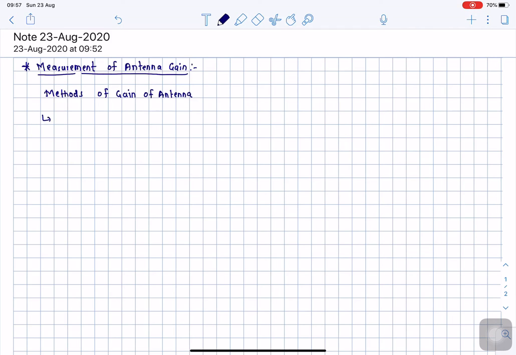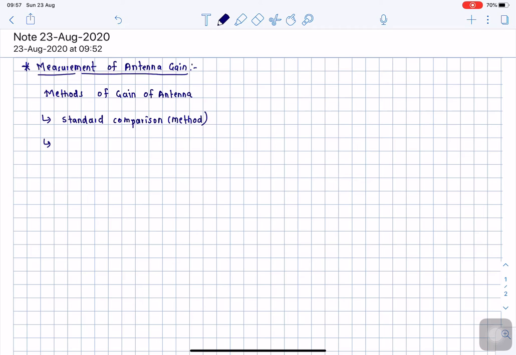The first method is what we call the standard comparison method. In this method, we are going to compare the gain of our given test antenna with the gain of the standard antenna, and calculate the unknown gain of our test antenna.